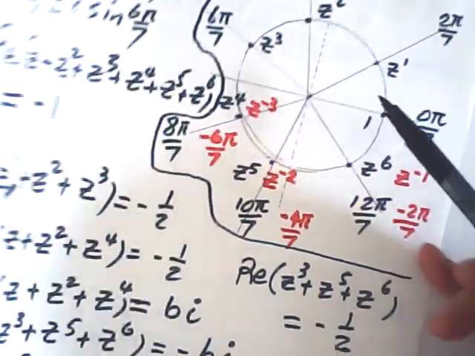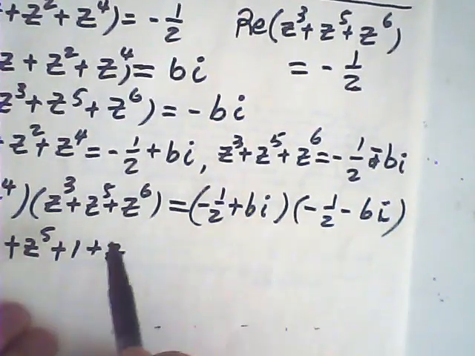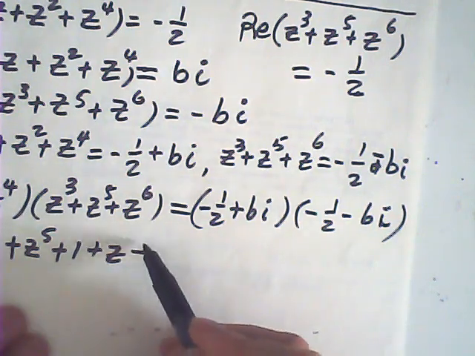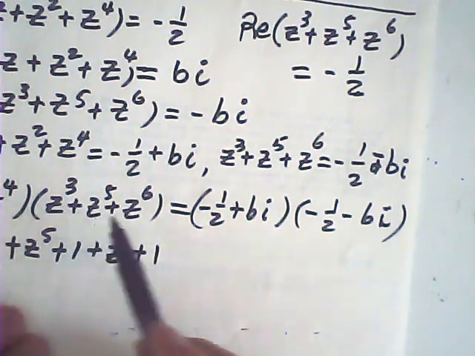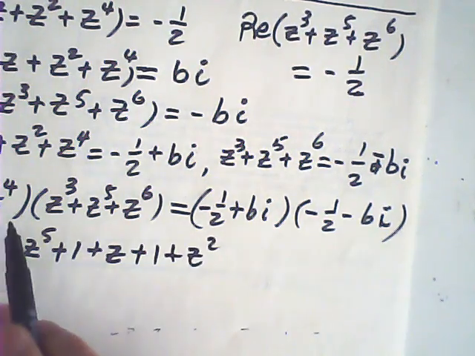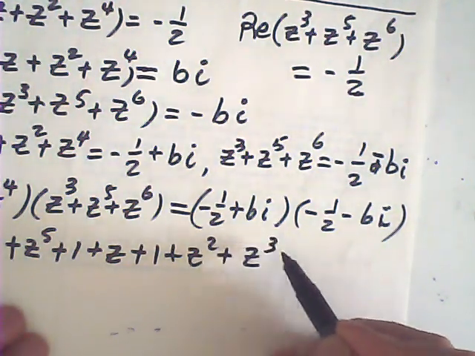So that comes back because of the periodicity. And then where are we now? This one times this one is 1. This one times this one is z9th, which is z squared. This one times this one, z10th, is z3.